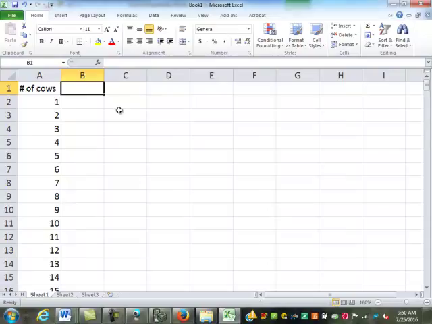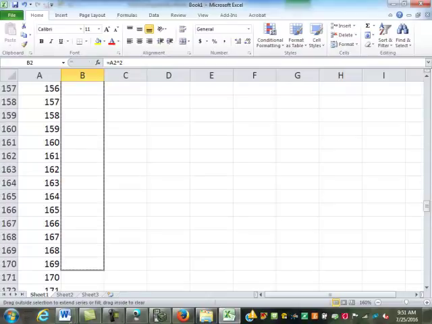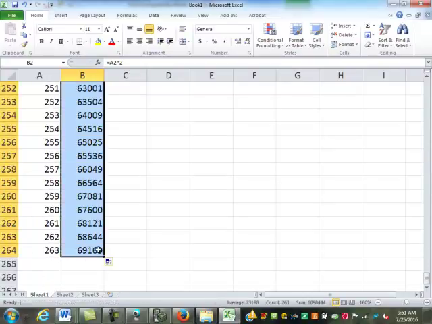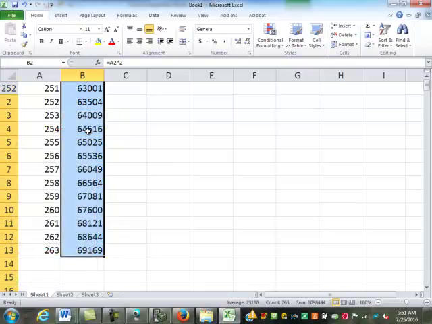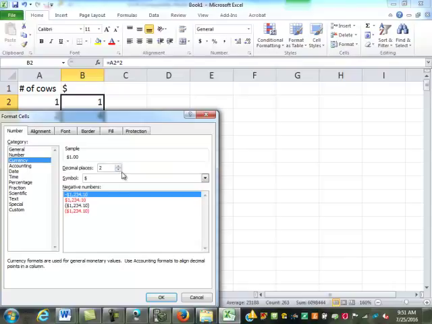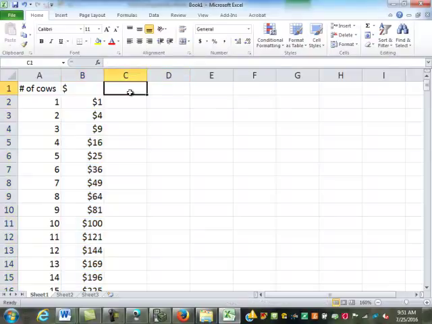The dollars they got would be equal to the number of cows squared, because the dollars they got per cow is equal to the number of cows. We'll format this to look like money, with no decimal places. So that's the amount of money they had after they sold their cows, depending on how many cows they had.